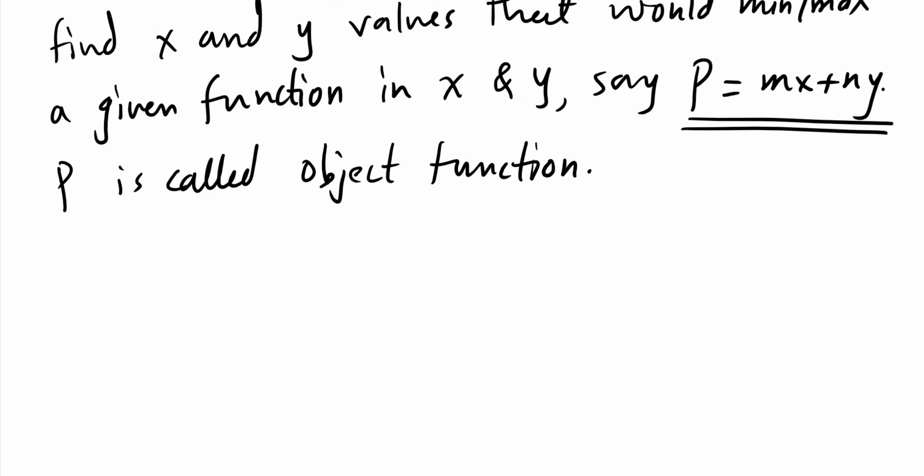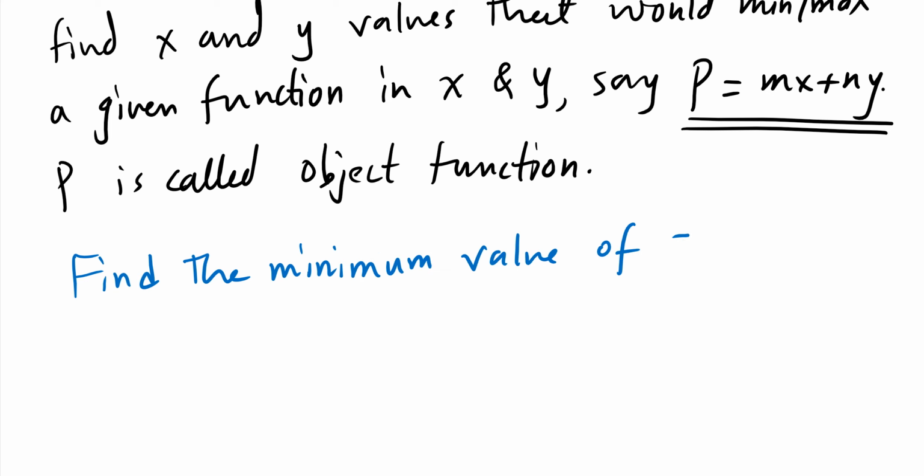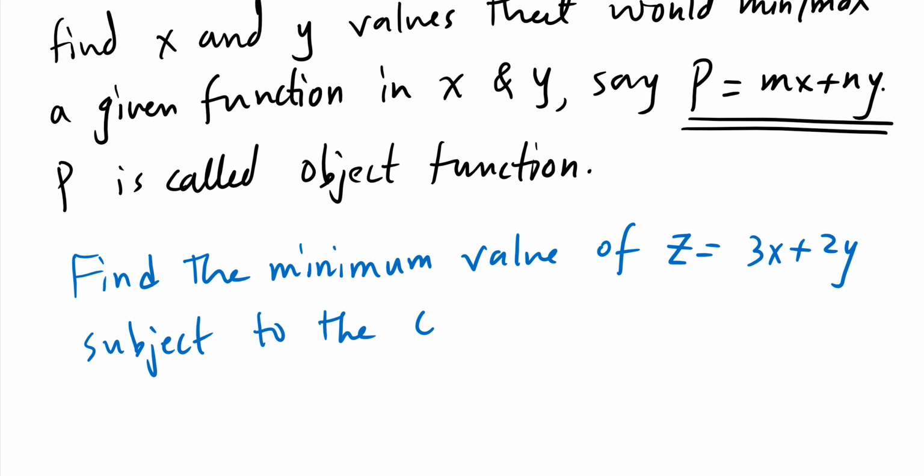So let's say find the minimum. They want us to minimize, find the minimum value of z equals 3x plus 2y. That's the objective function, subject to the constraints listed below.